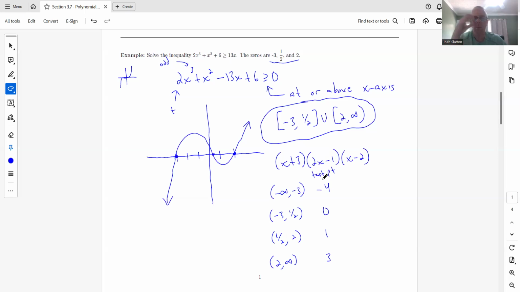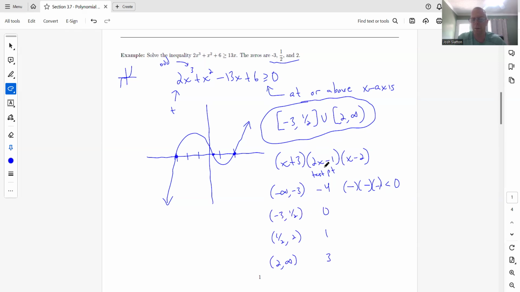And then we're just going to plug those numbers in here and see if it's positive or negative. So if we plug in -4, -4 plus 3 is negative, 2 times -4 minus 1 is negative, and x minus 2 is negative, so a negative number times a negative number times a negative number is going to be less than 0. We kind of did this with the rational functions too. And so we know that this interval is below 0.